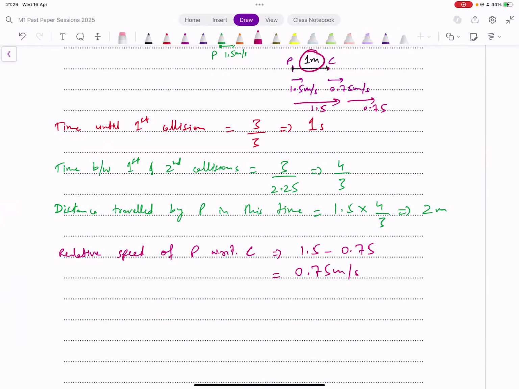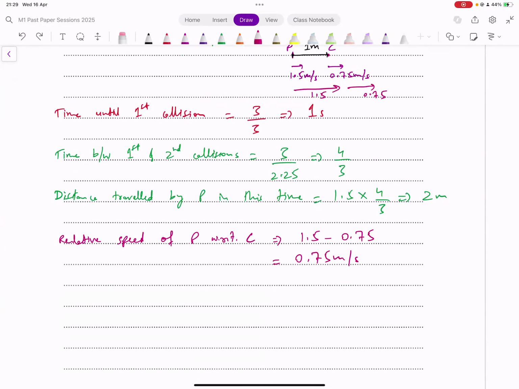So the total distance between them was 1 meter. How much time would it take to cover that 1 meter distance? Time taken between second and third collision, when P combines with C again, what would be that time taken?